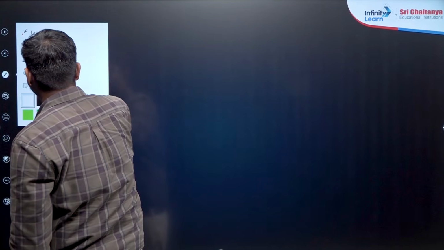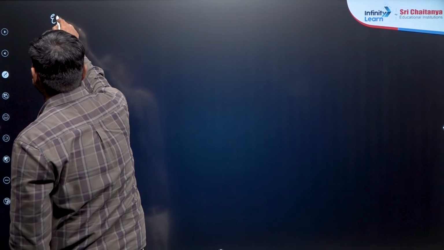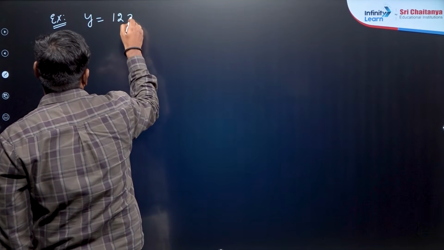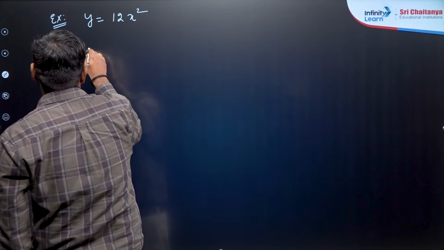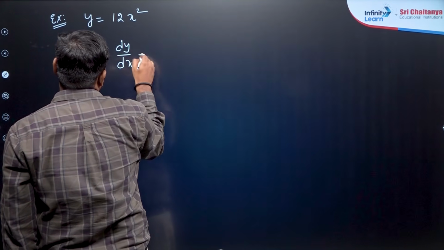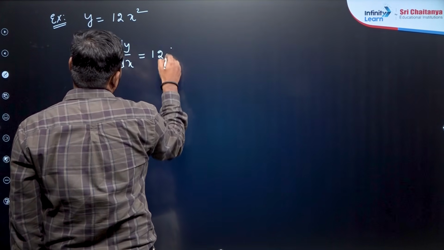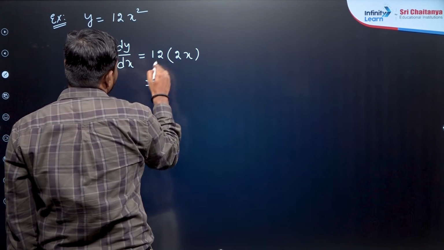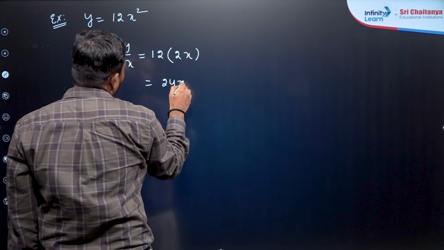We will do an example: y is equal to 12x square, let us say. Then just now I told you dy by dx is equal to 12 outside, derivative of x square is 2x. So the answer will become 24x.